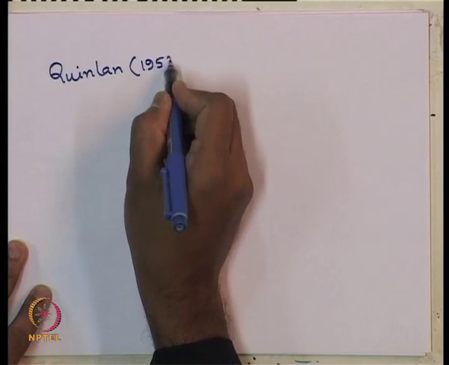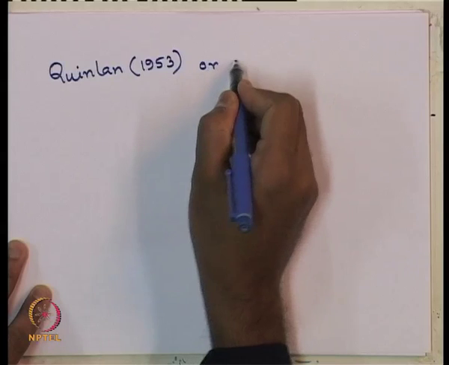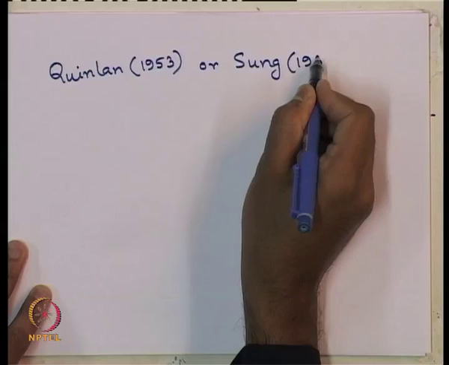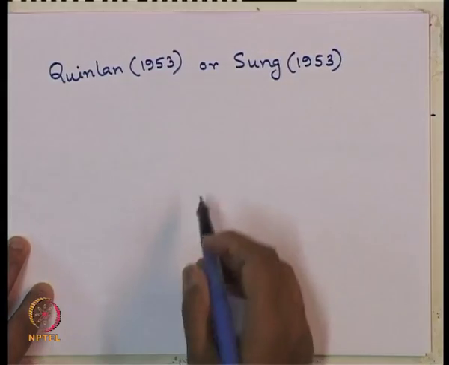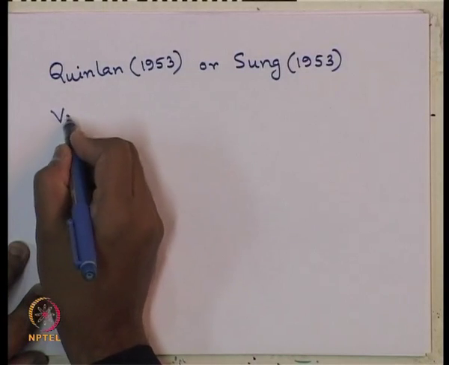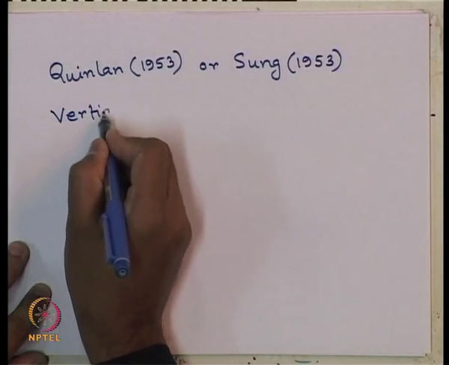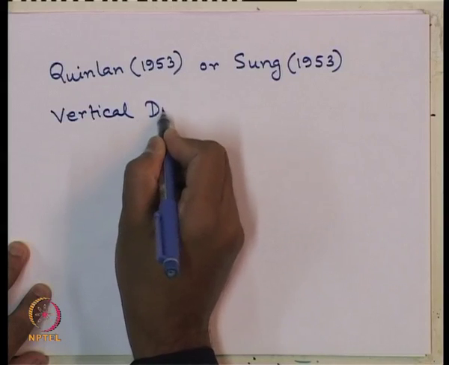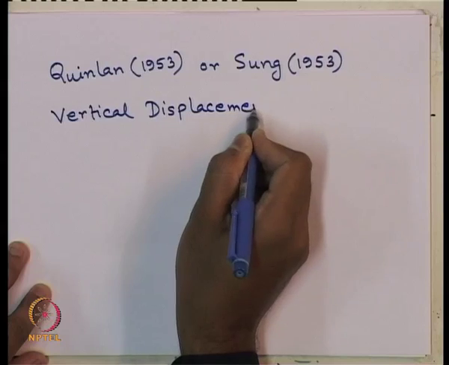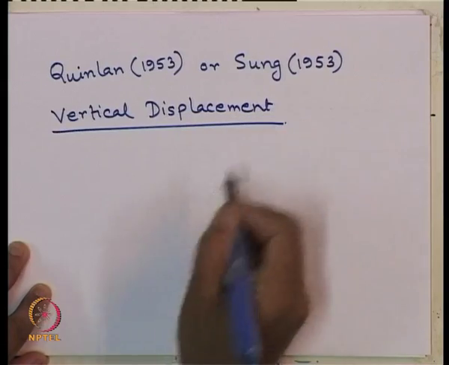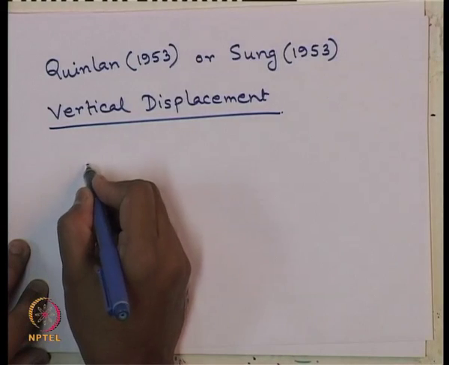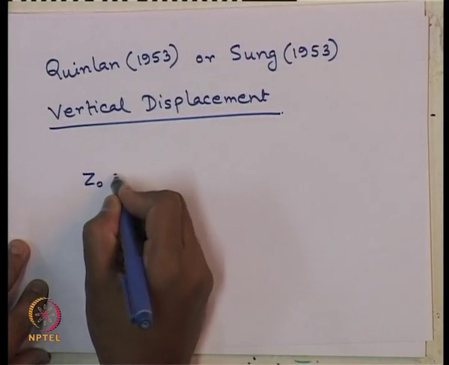Quinlan in 1953 or Sung 1953. So, separately they did the research and came out in the same year with the expression for vertical displacement for such type of problem, that is a machine foundation subjected to a vertical mode of vibration. So, what vertical displacement expression was given by them?